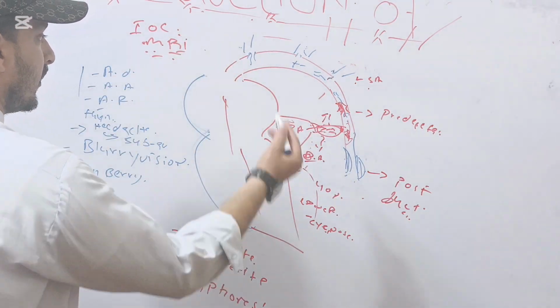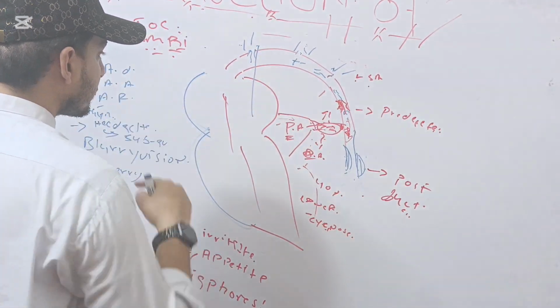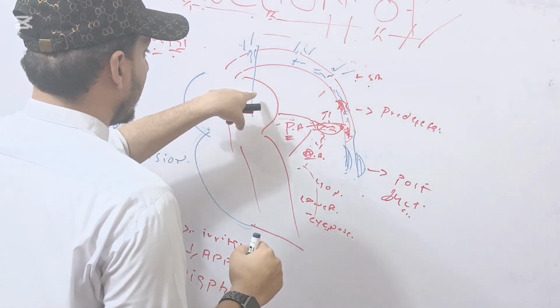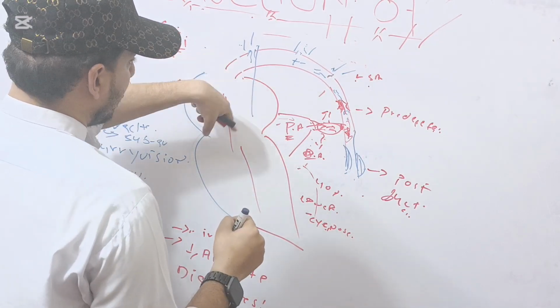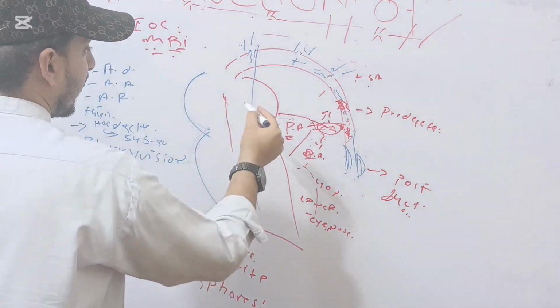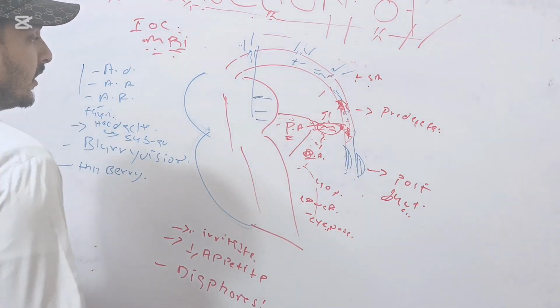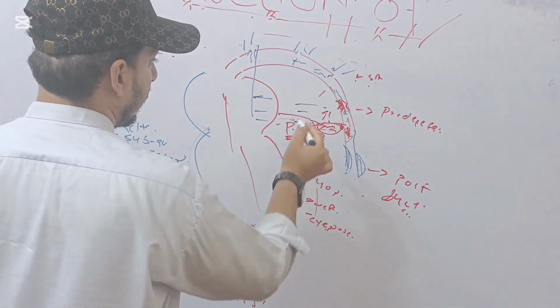The internal mammary artery pressure is also increased. Why mammary artery? Because they give branches to the breast, and this artery is also the internal thoracic artery. Here is the anterior intercostal artery, and here also pressure is increased, and there is the posterior intercostal artery. Here also pressure is increased.